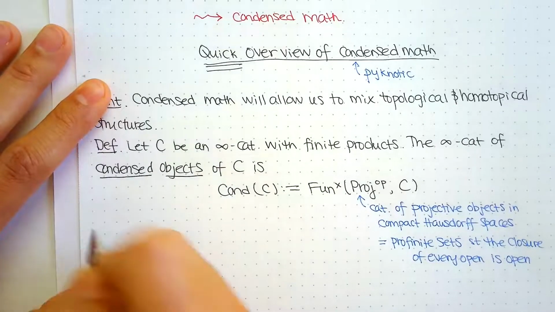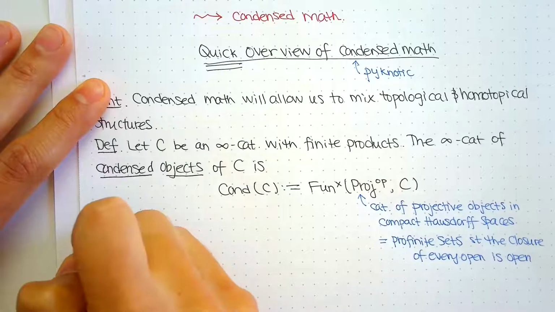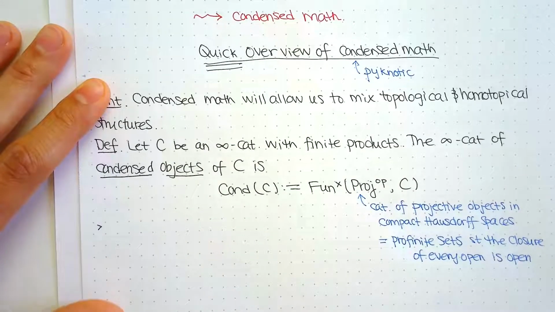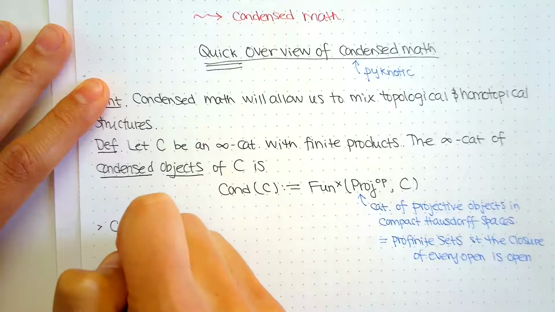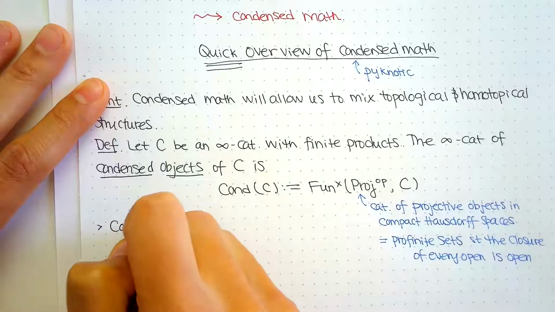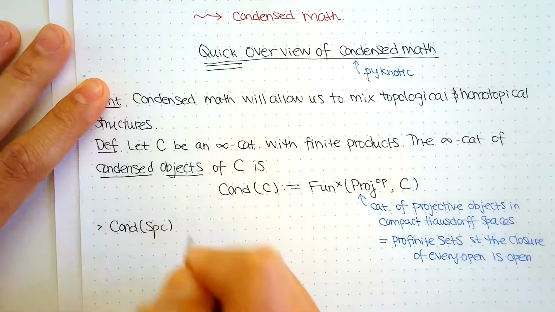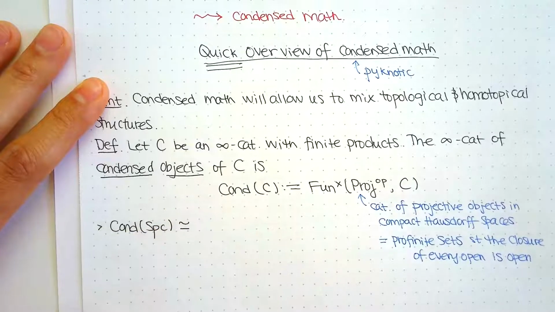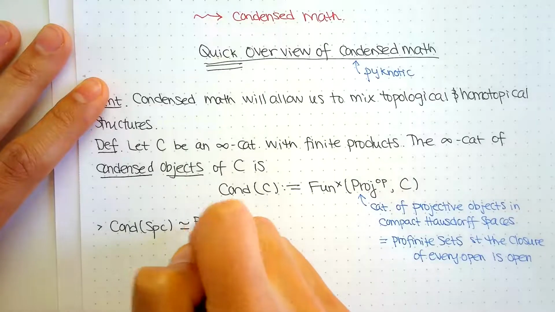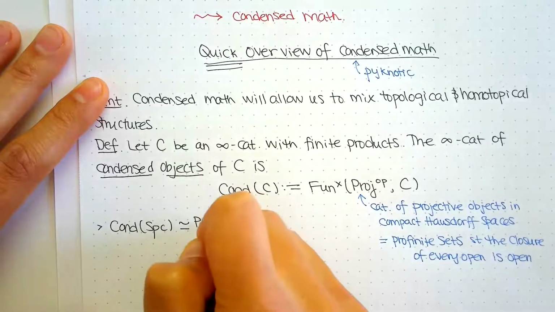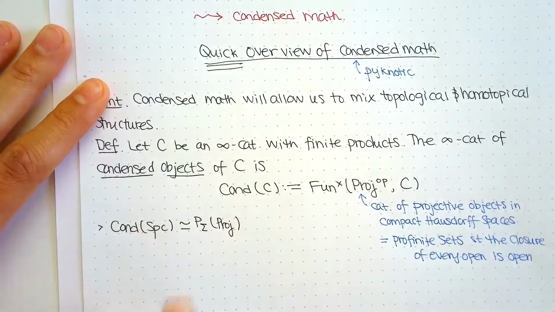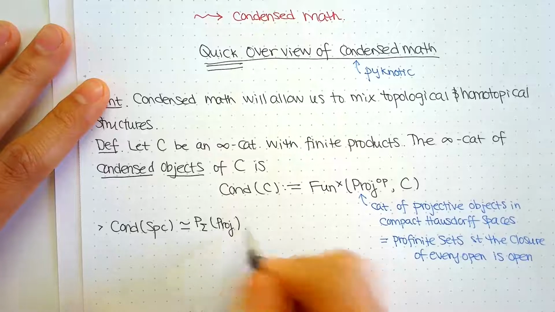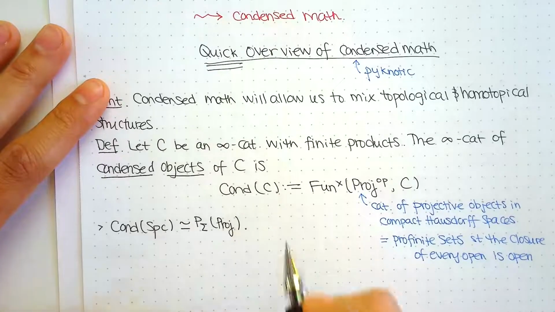There are a lot of reasons to say why this is the right choice. One thing to say is that condensed objects of the infinity category of spaces has two descriptions. It's the non-abelian derived category of these projective topological spaces. If you're familiar with this yoga of non-abelian derived categories, maybe that seems like a reasonable thing to you.